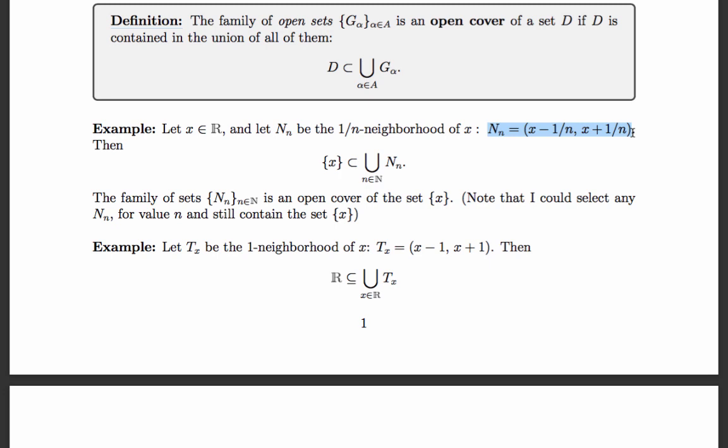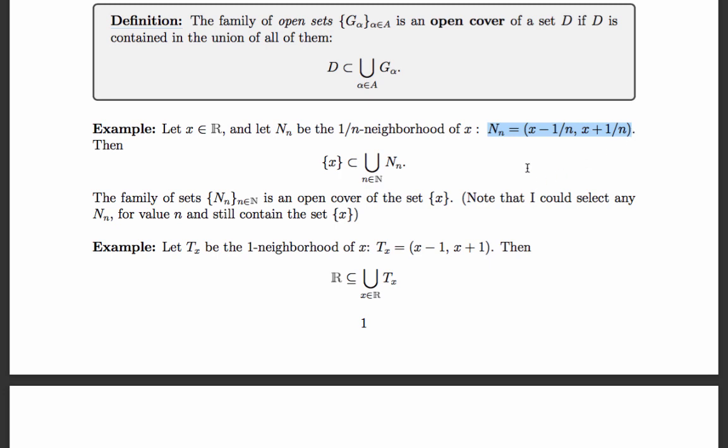Well, in every single neighborhood is X, of course, because X is at the center of these open neighborhoods. So certainly X is inside of all of them, so X is, of course, inside the union.